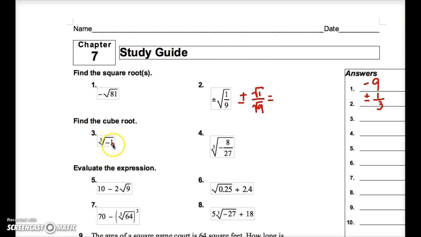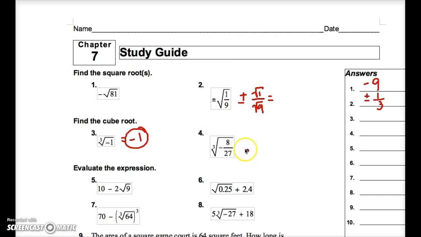Okay, for 3 and 4, we're finding the cube root. So the cube root of -1, so your cube rooting is figuring out what number times itself again would give you the number in here. So the cube root of -1 would be -1. The cube root of -8/27.